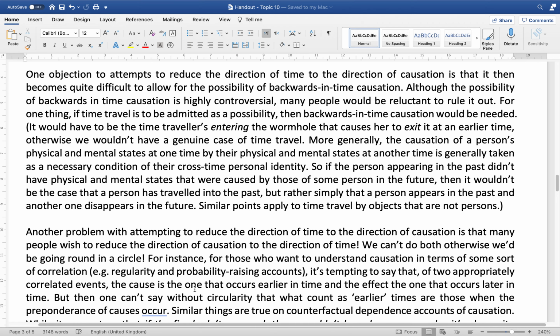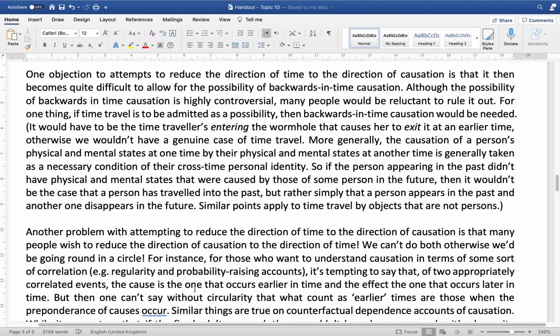Okay, now, are there problems with attempting to reduce the direction of time to the direction of causation? Well, unfortunately, yes. So there are maybe three. I guess one that I haven't mentioned on the handout, which maybe relates to the second one that I mentioned on the handout, is that we might find the direction of causation itself mysterious.